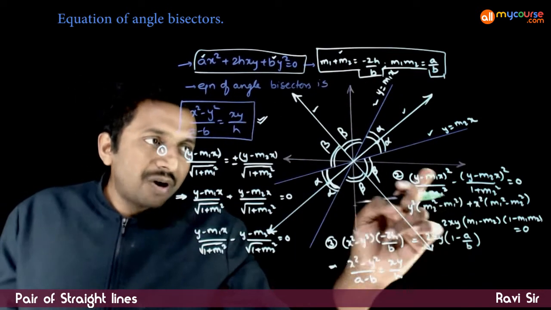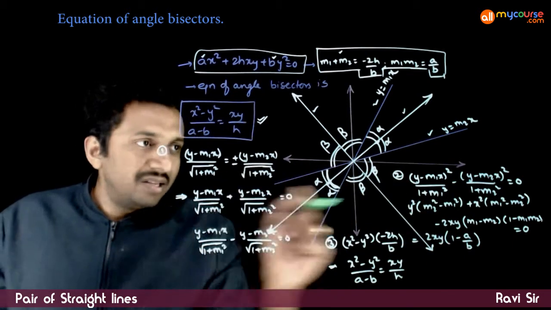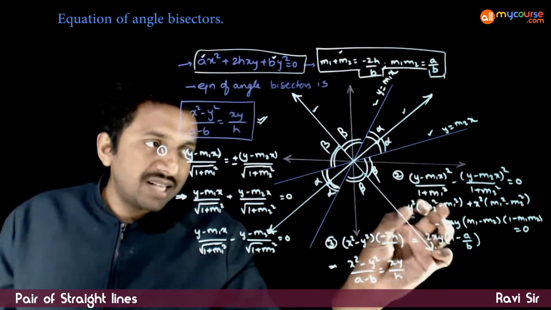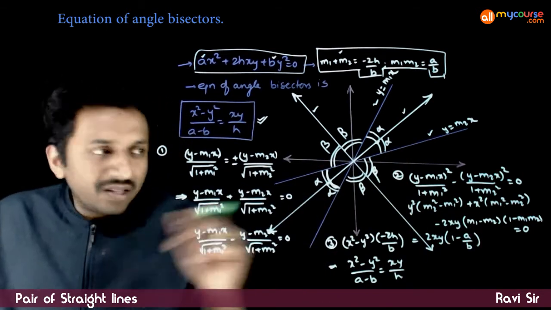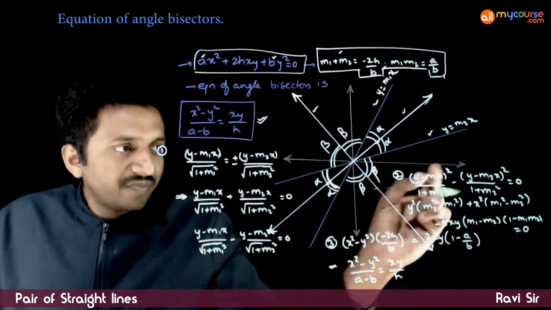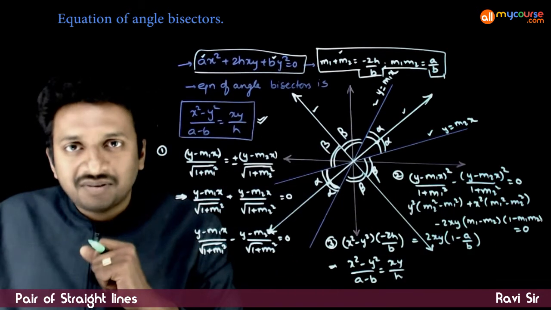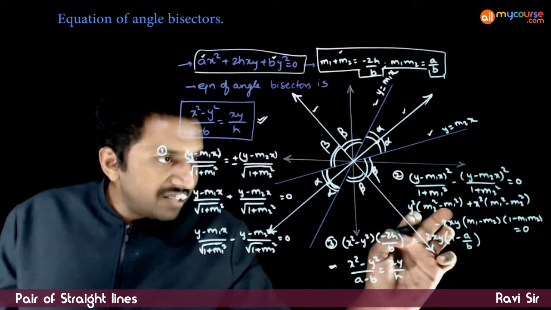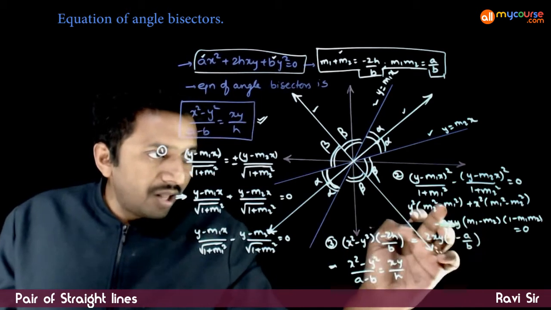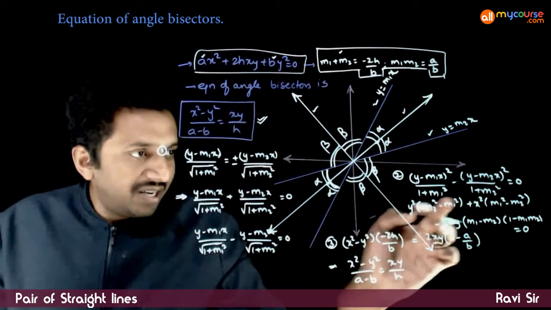Now let us simplify this and use the relations for m1 plus m2 and m1 m2. So you just need to cross multiply. Separate the y square terms, x square terms and xy terms. So you know how to do the LCMs and just separate the terms. And once you get this expression, you can see that m1 minus m2 is common in all the three terms.